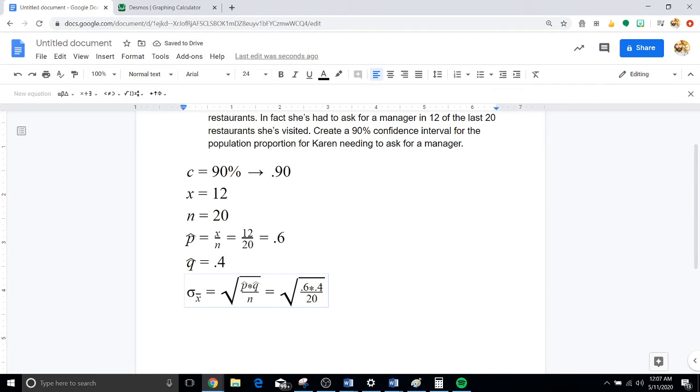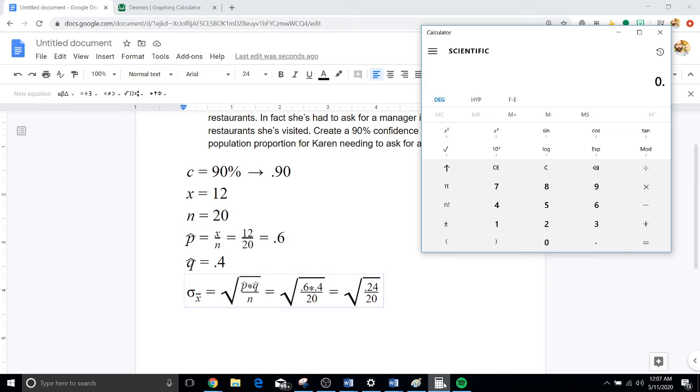Well, 0.6 times 0.4, that's just 0.24 since 6 times 4 is 24. So let's change this to 0.24, and n we said was 20. Let's find out what 0.24 over 20 is. That's going to give us 0.012, and we're going to have to square root that.